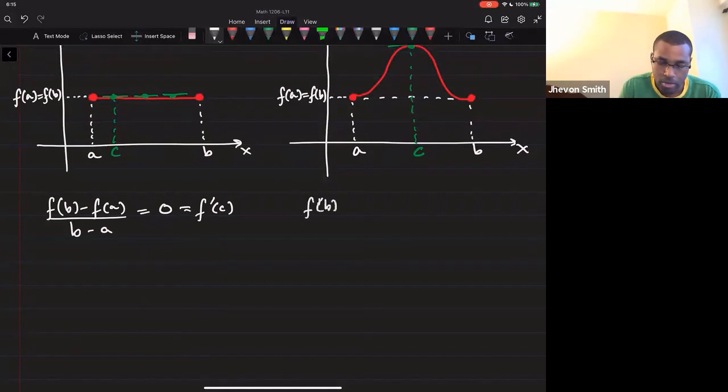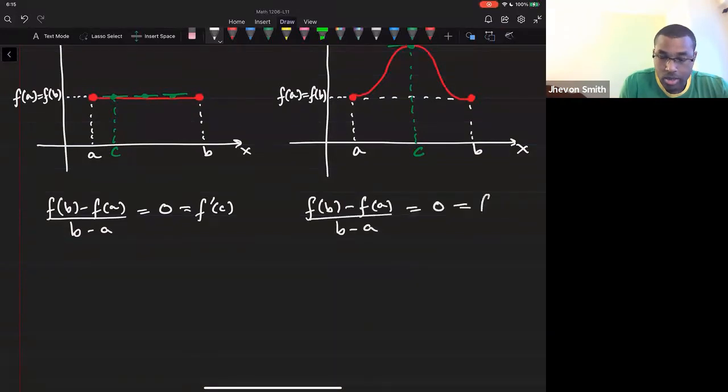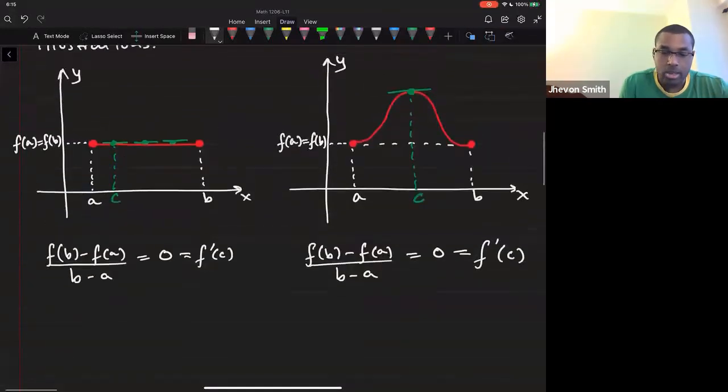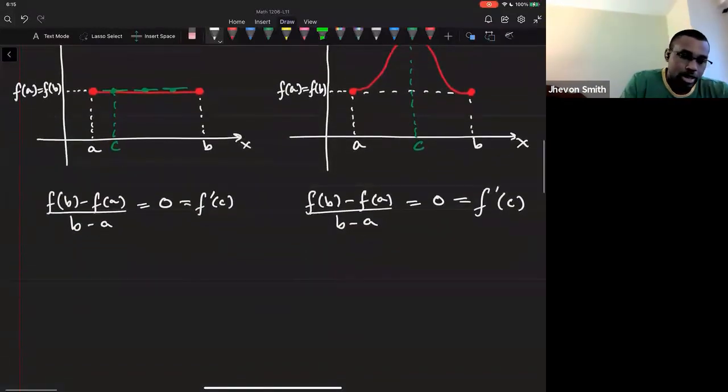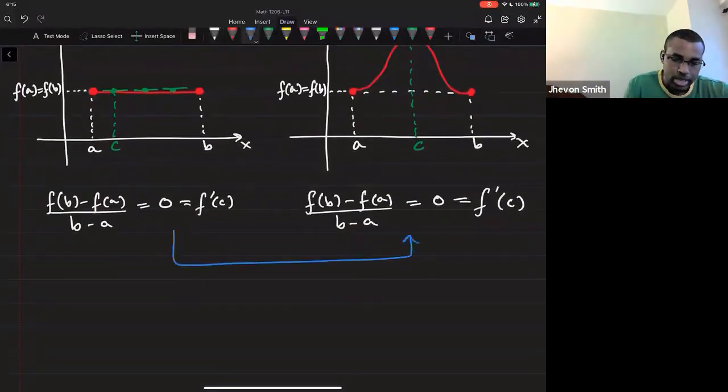If you look at (f(b) - f(a)) / (b - a), again, you would get 0. And we're claiming that there's a point where it gives you 0. Now, this is exactly what Rolle's theorem tells us should happen. So you'll realize that these guys here coincide with Rolle's theorem.